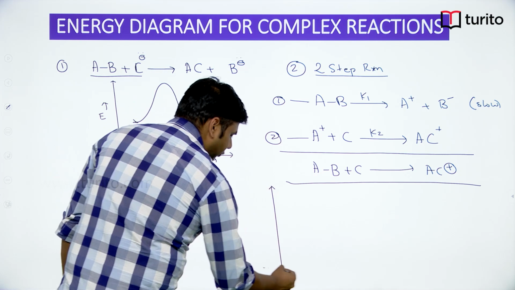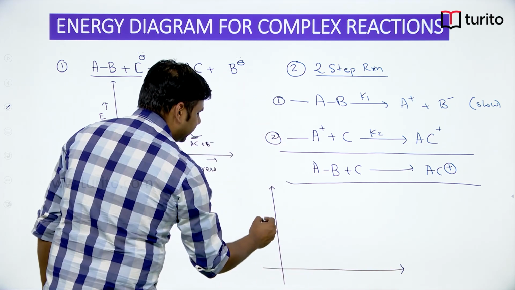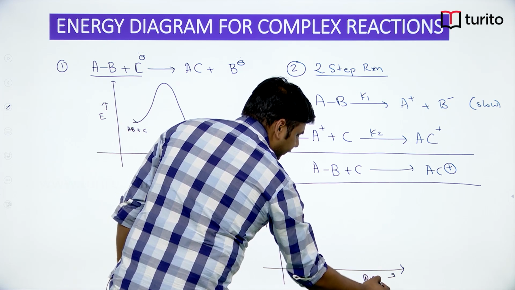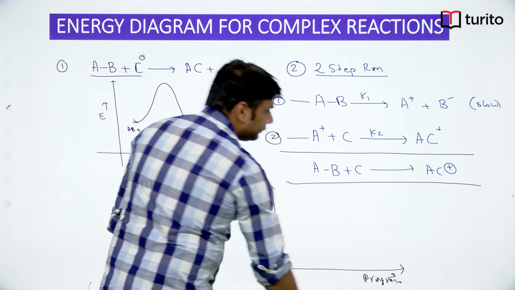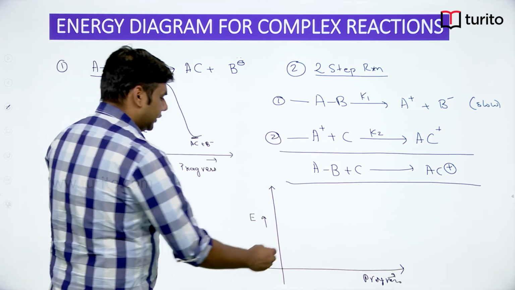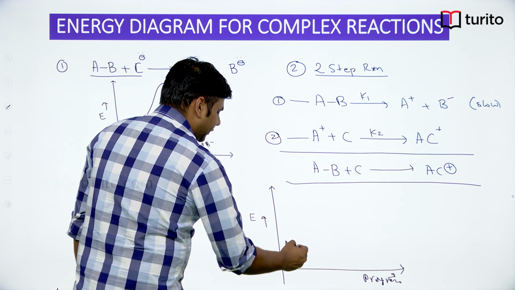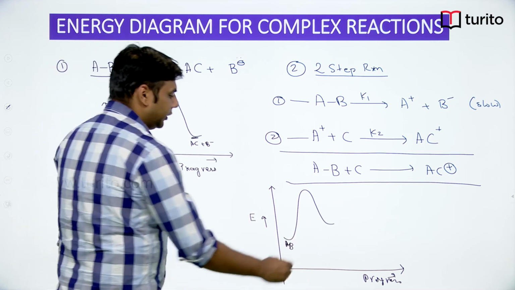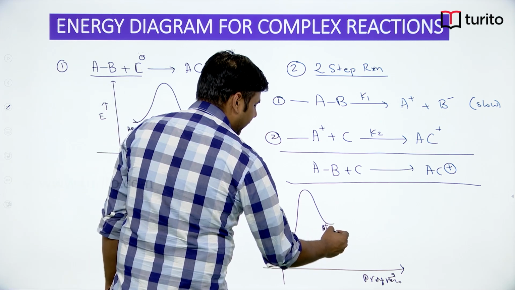If it is spending more time in the first reaction, it means that the activation energy of this step would be more. Suppose this was your reactant AB. Now this is your first step where it is getting transformed into A plus and B negative.